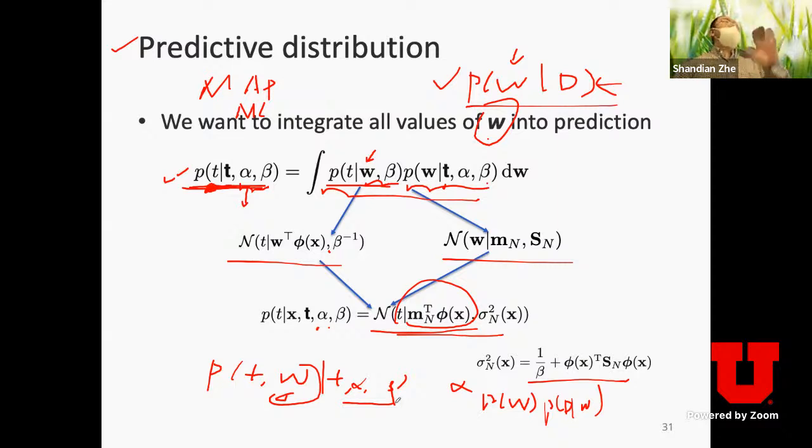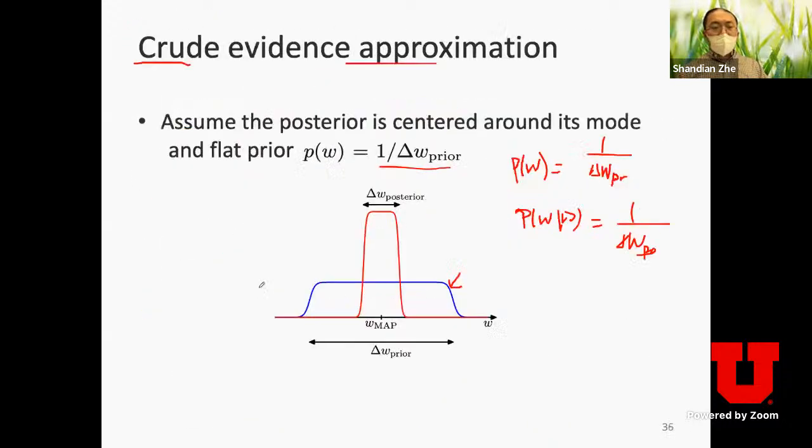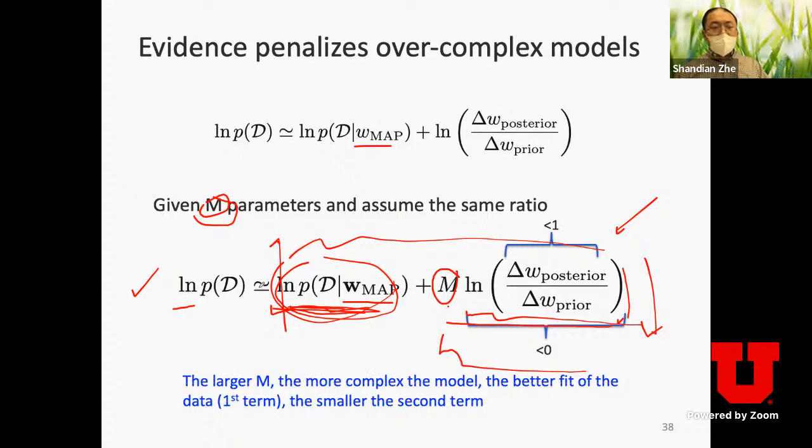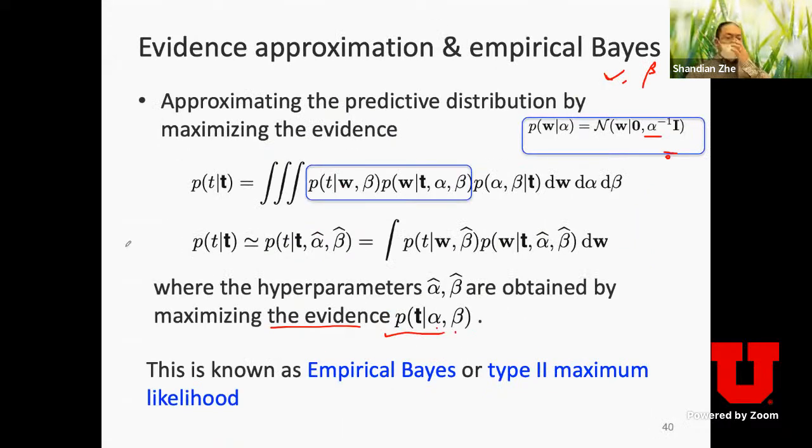Any question regarding this? The difference between standard MLE and type 2 MLE. It's still observation, it's not prediction. So let me restate it. Here, T is the observation, the training data, the training output.